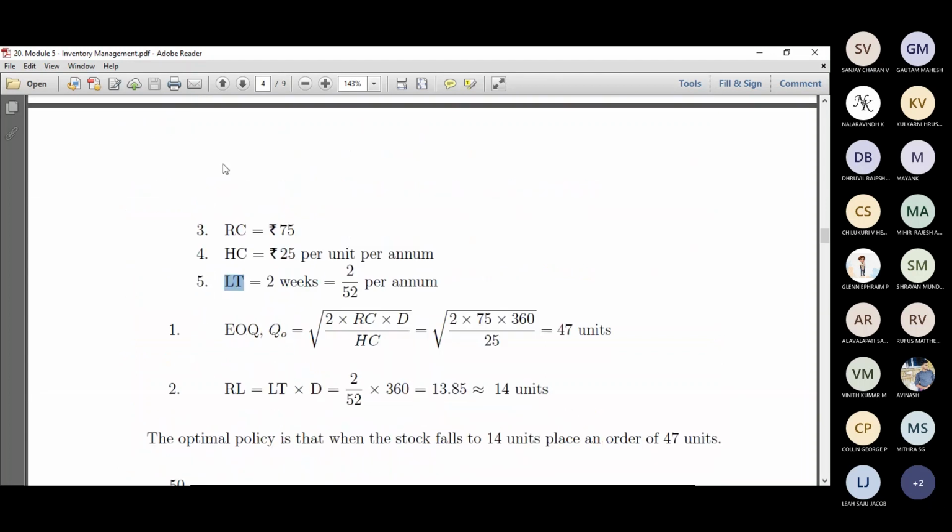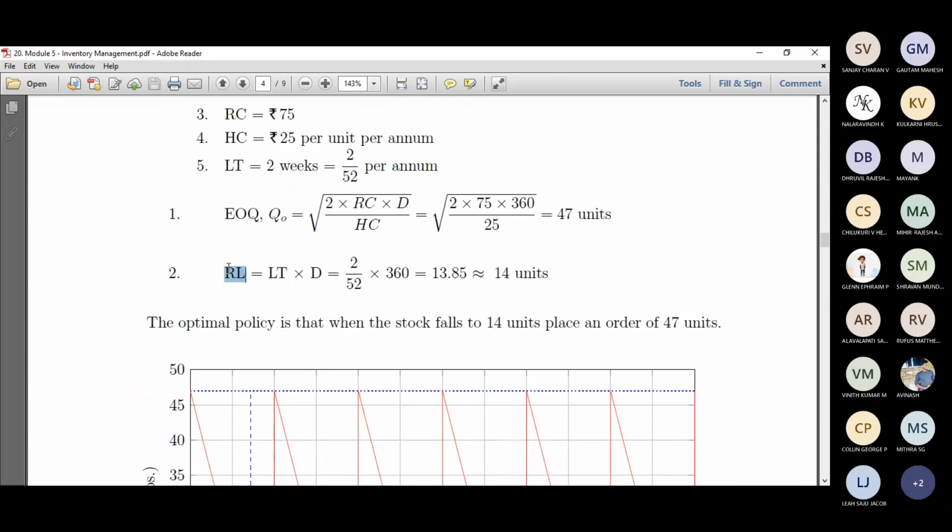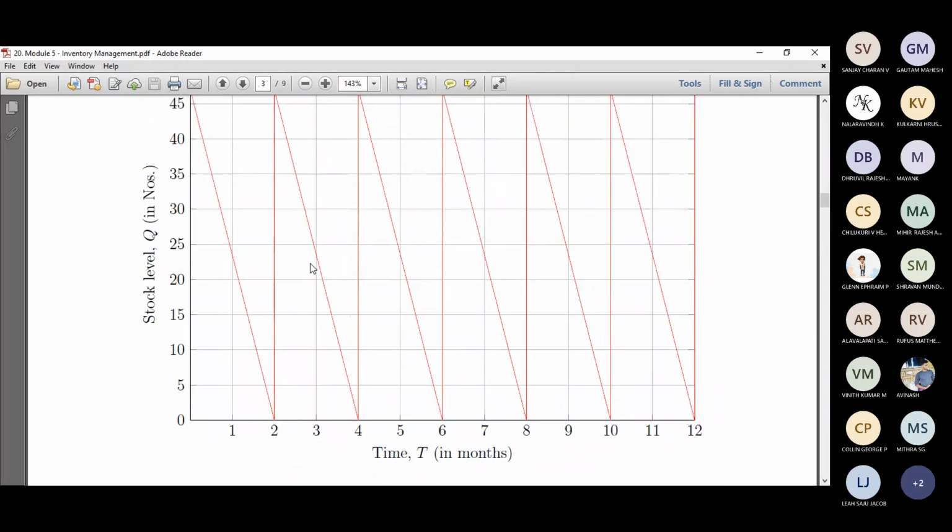The next item is the reorder level. So at what point do you need to reorder? That's a very important question. Like, at which point of this sloping graph do you need to place an order? A pretty good example is the Amazon delivery.